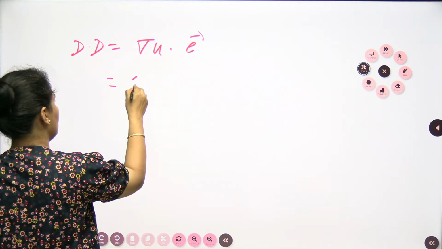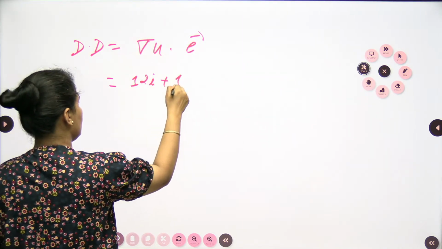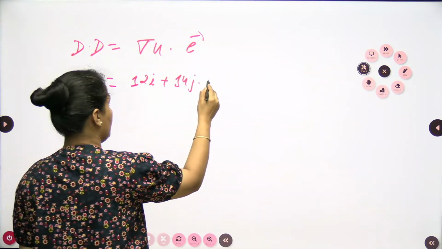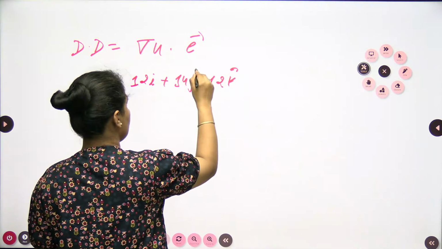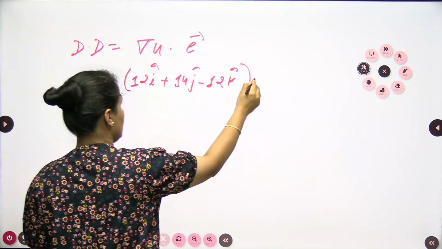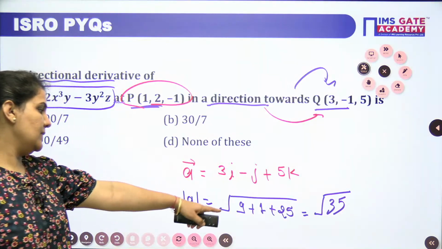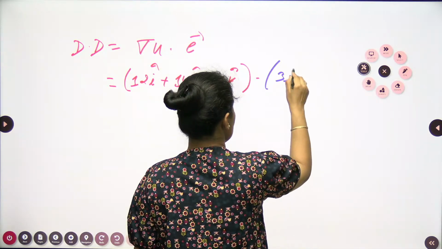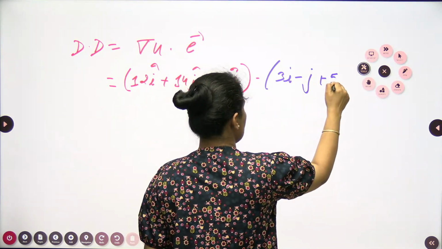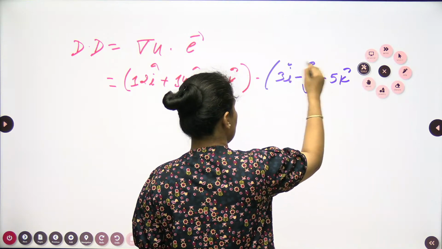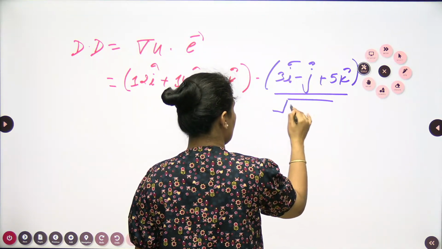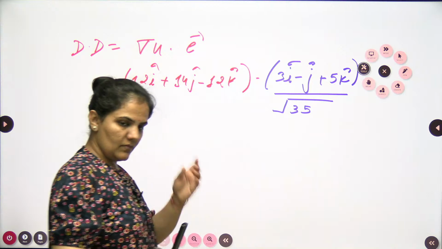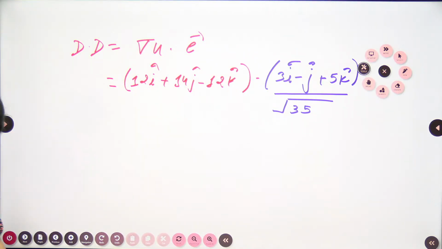So this is 12i cap plus 14j cap minus 12k cap, and dot product with this vector, which is 3i minus j plus 5k, divided by square root of 35.